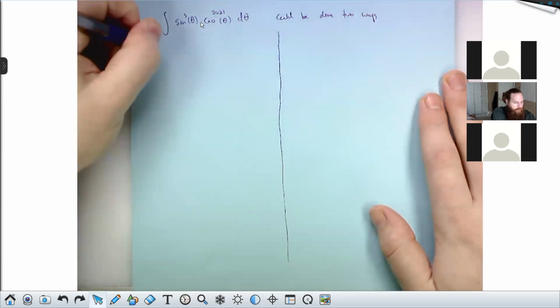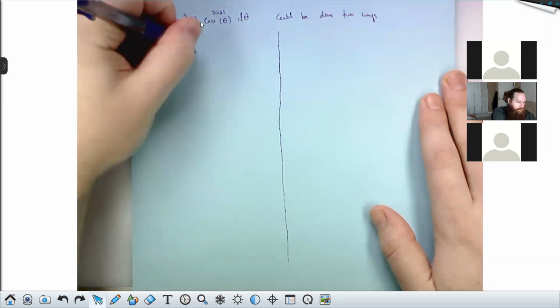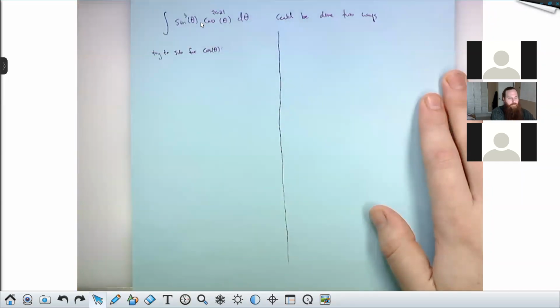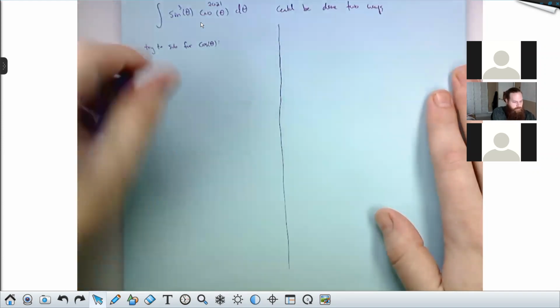We can try to sub for cos theta, which means I'm going to set aside a copy of sine theta.